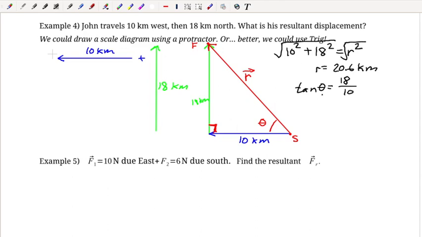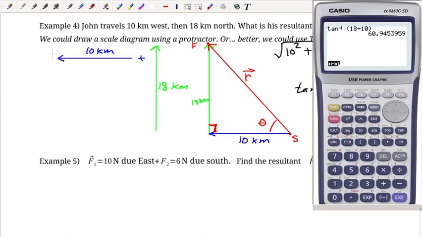And you know that to find the actual angle, I would take the inverse tan of both sides. So I'm just going to do that on my calculator without showing all the steps here. If I take the inverse tan of 18 over 10, what angle does that get me? That gets me an angle of 60.9453959. And I want to round that to, again, 2 or 3 sig figs.